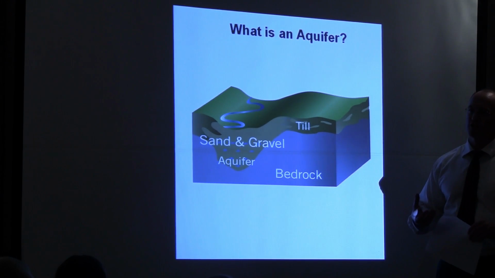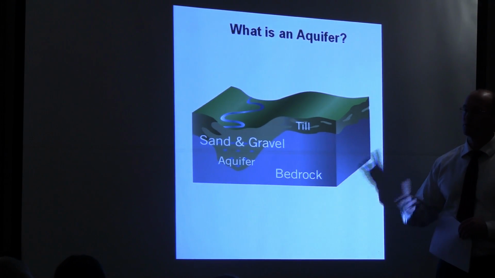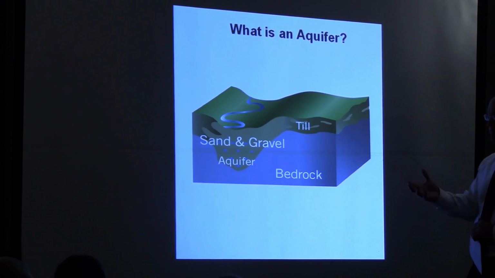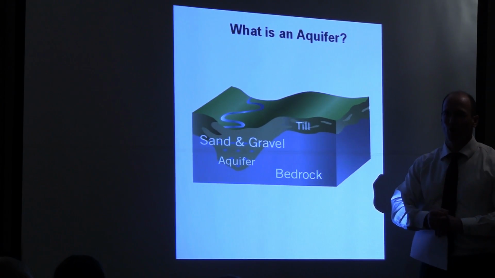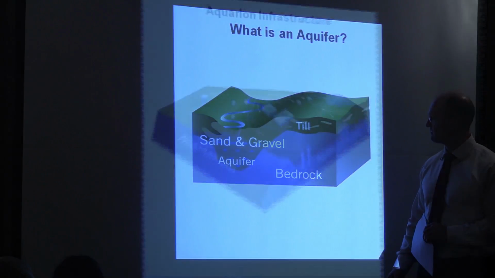But the pores are also large enough that water can move relatively quickly and easily through the soil, which means you can actually move it toward a well. You can store lots of water in clay, but the pores are so small in clay that the water will not move through it with any ease.